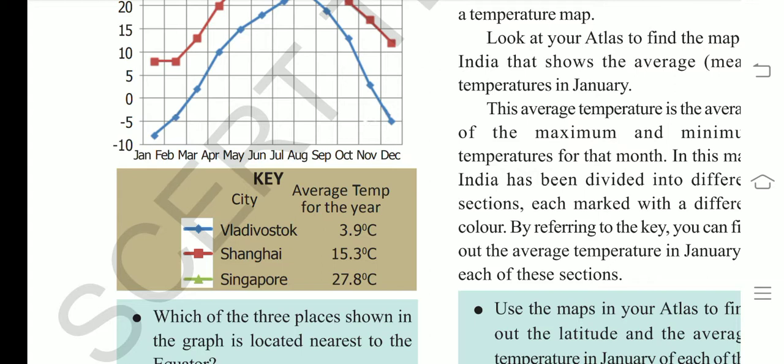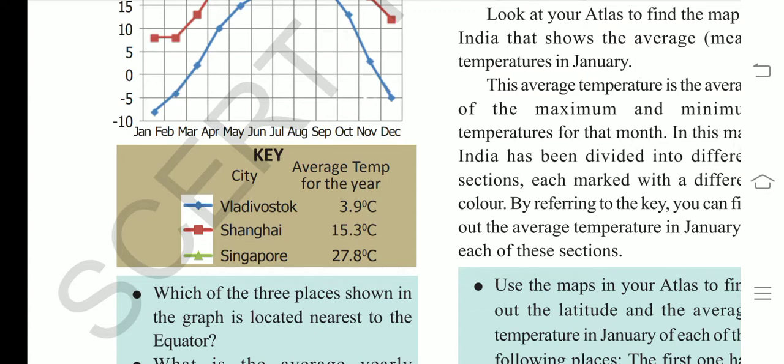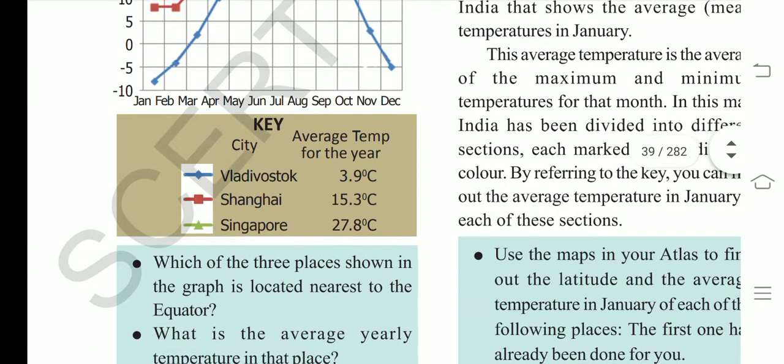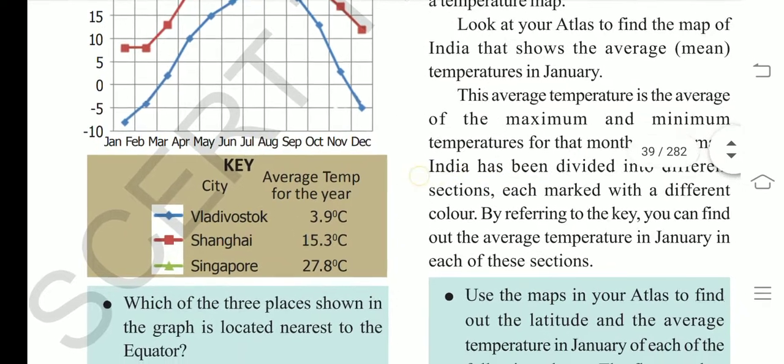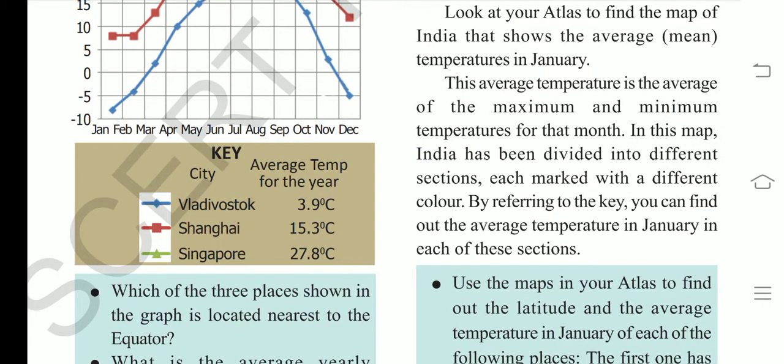3.9 degrees Celsius, right? Whereas in Shanghai, the average temperature throughout the year is 15.3 degrees Celsius. Whereas in Singapore, it is 27.8 degrees Celsius. Understand? So how are the averages taken, which we have seen already in the last class?